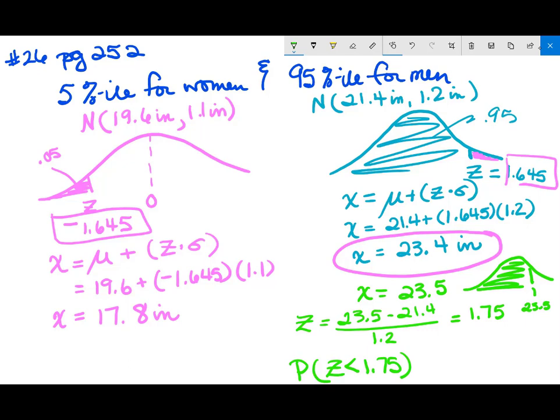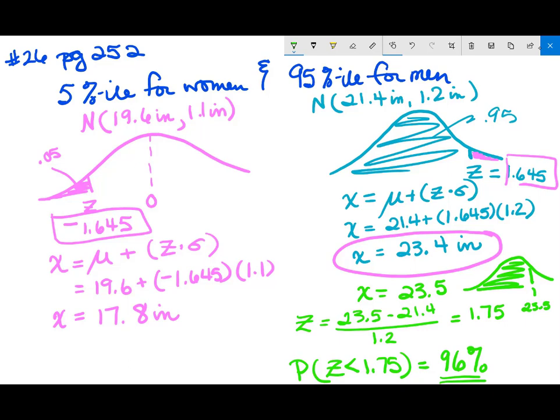I'm going to go back to my StatCrunch, and this time I know my value for the x, which is the same as z. It's a positive 1.75. I don't know the probability, so I'm going to compute, and rounded, it's going to be 96%. So if we made the knee height 23.5, 96%, or 95.99 is exactly what I got, of the men will fit under that.